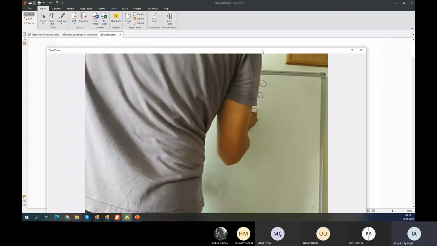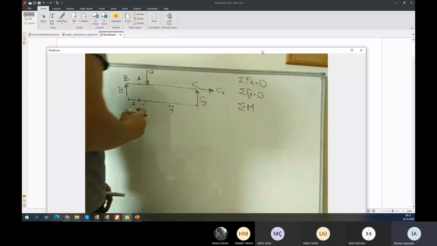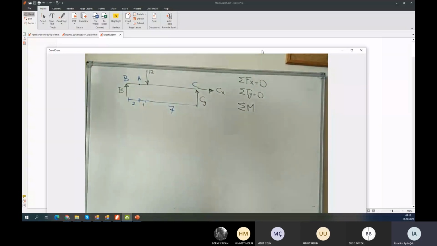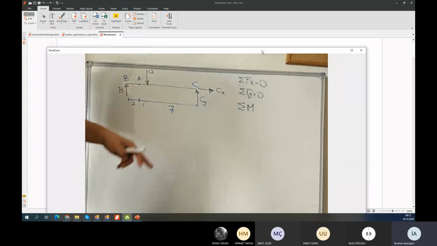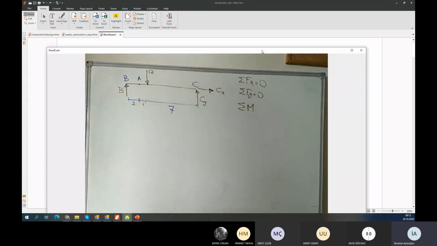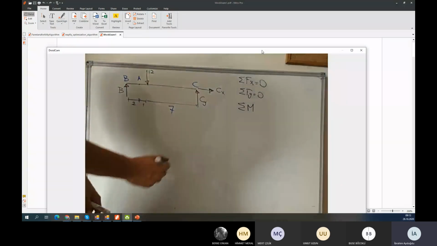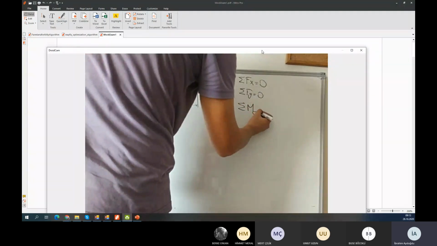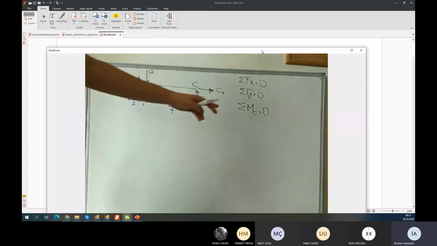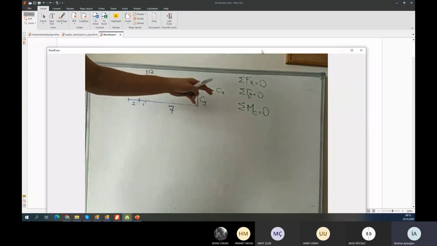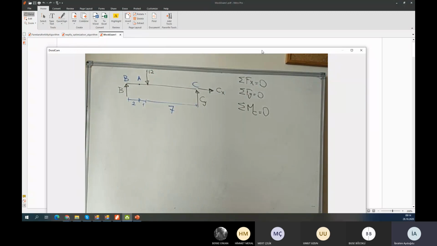Sigma moment about any point on the beam is equal to 0, but we prefer end points because there is no internal Fx occurrence at the endpoint. Therefore, I don't need to write any additional unknowns at these points. Therefore, in moment, for example, sigma moment at C is equal to 0. So 3 equations, 3 unknowns, we can solve.